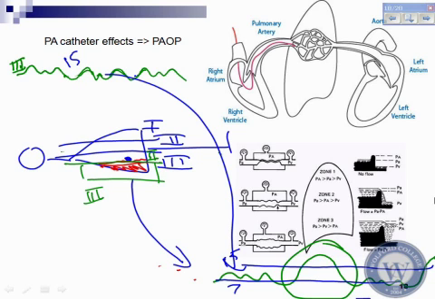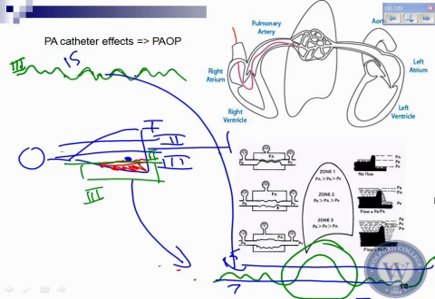That's correct. But what's really important for you to know is, if you had this pattern on top and it switched to that, then something bad is happening in the lungs.